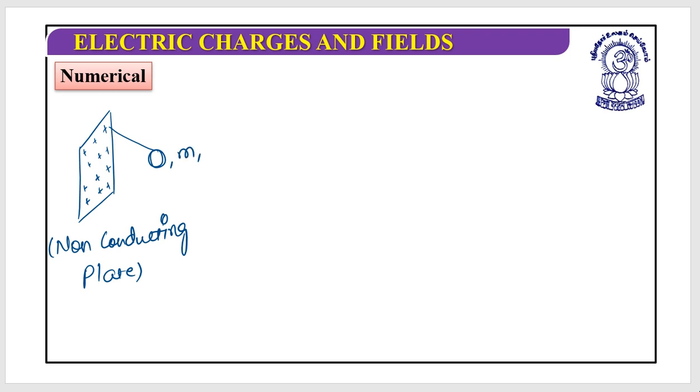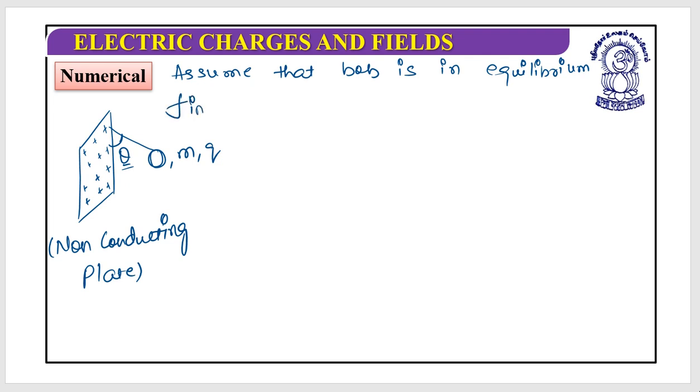This bob is having mass m, charge q, and it makes an angle theta with the vertical. Now you are given that, assume that the bob is in equilibrium. Find out the tension force in the string.